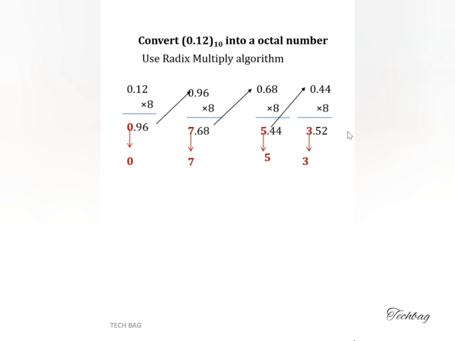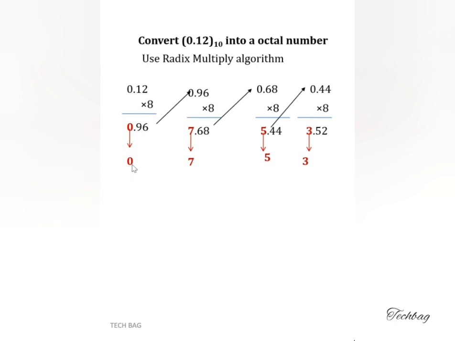It will go on, so you can stop here. If it goes endless, then you can stop at 4 or 5 bits. Okay. And if you accumulate these integers, then you get the resultant octal number. So here you have to start from the first integer.